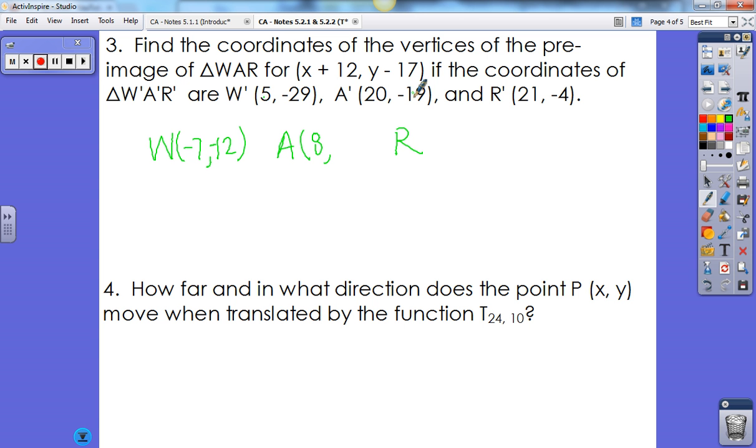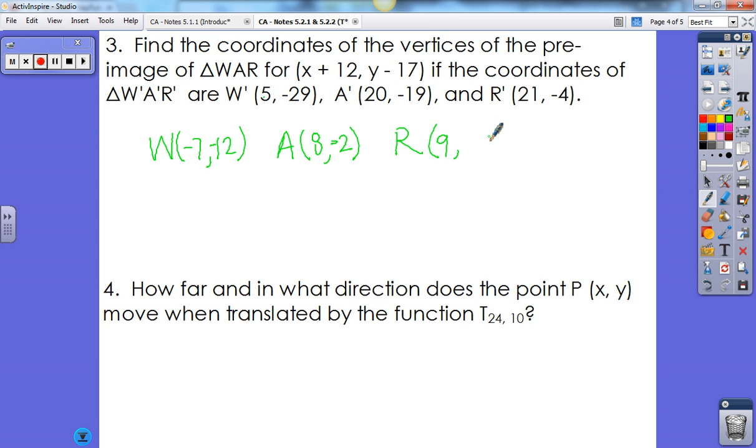And then negative 19 plus 17 is going to be 2. Again, check myself. Negative 2 plus 17. And then R, 21 minus 12 is 9. Sorry.